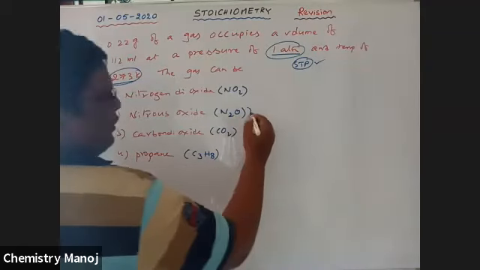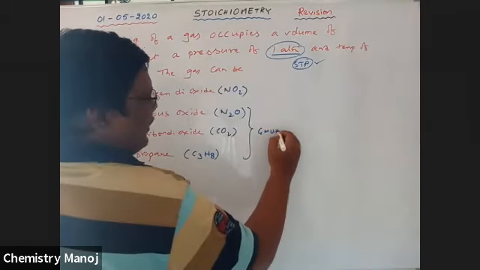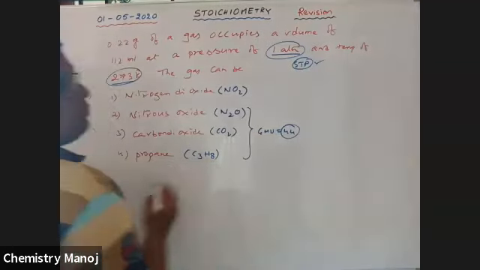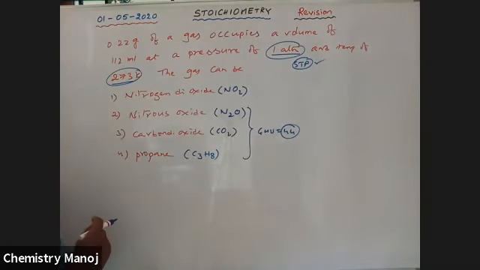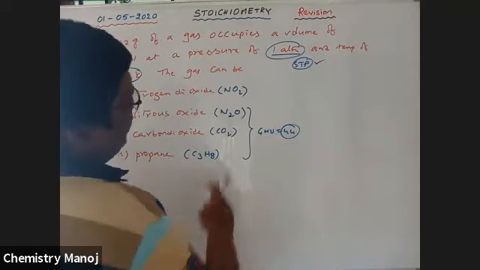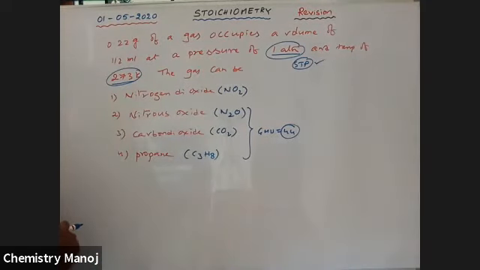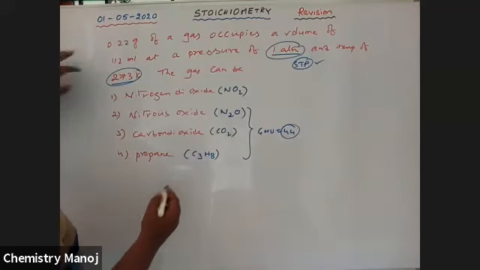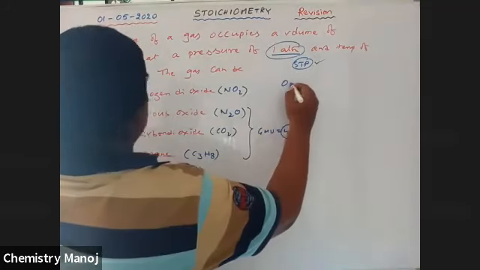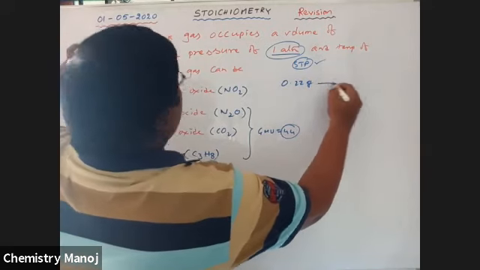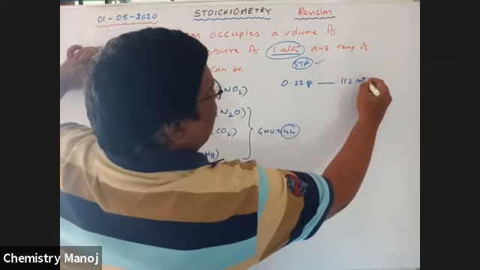For all these molecules, gram molecular weight is equal to 44. Calculate this one: 0.22 grams occupies at STP a volume of 112 ml.